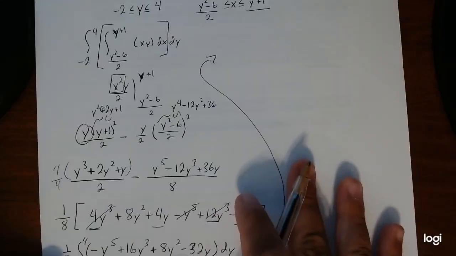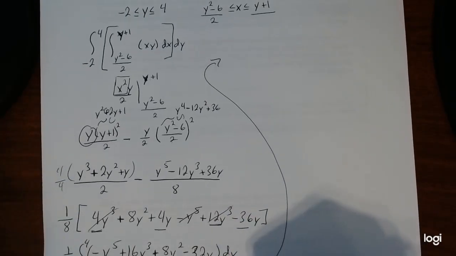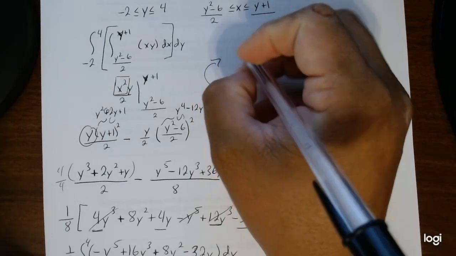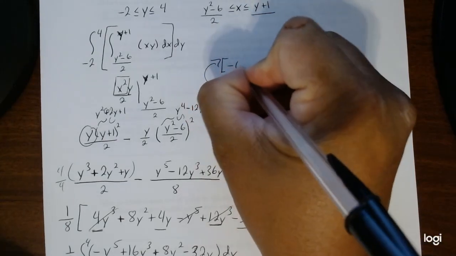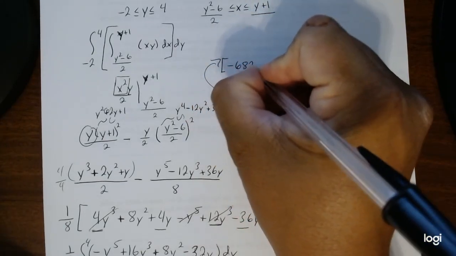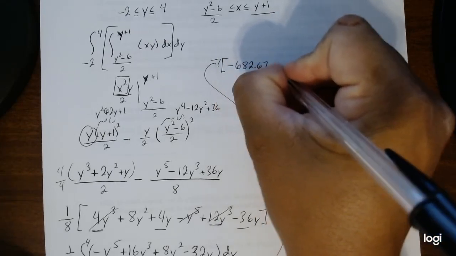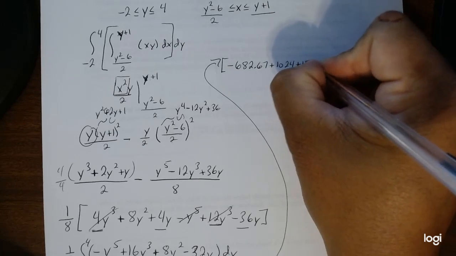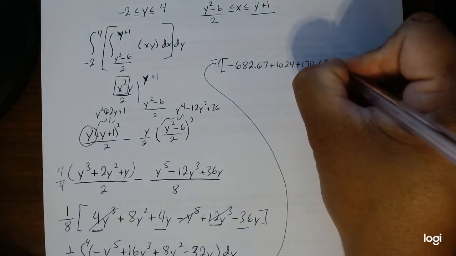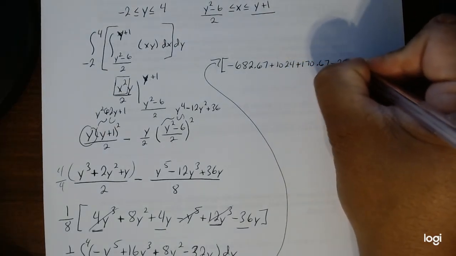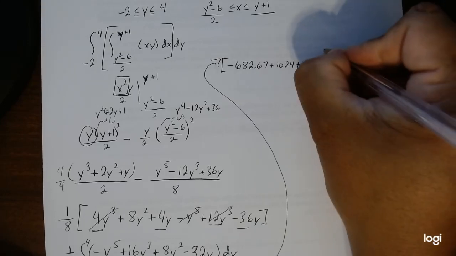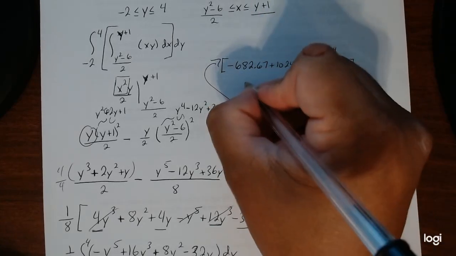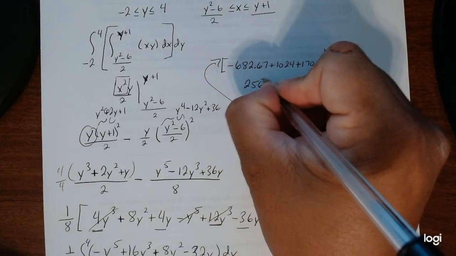So now, if I plug in 4 and -2, I get something outrageous, and I'll just break it down for you. So that's when you plug in y equaling 4. And if you add up all this, you actually get 256.